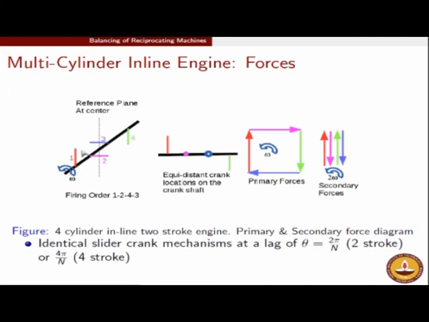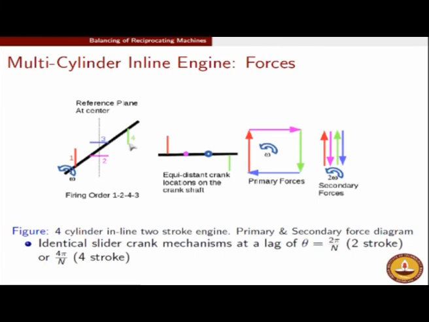So for example, this red crank will induce a primary force which is along the red direction. This is the vector showing the primary force. The primary force induced because of the first crank is going to have the same direction as the first crank, the red crank.